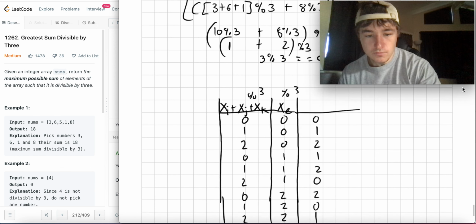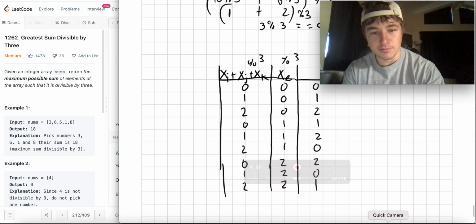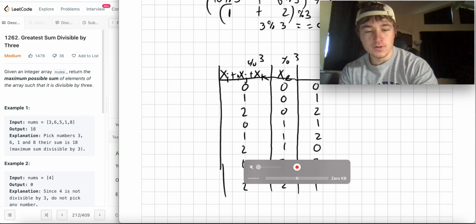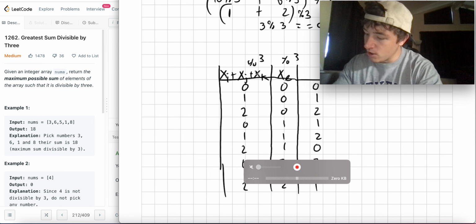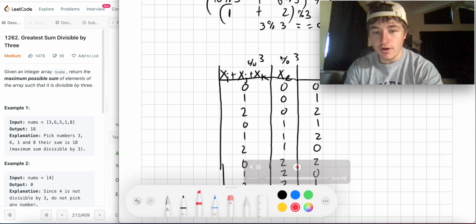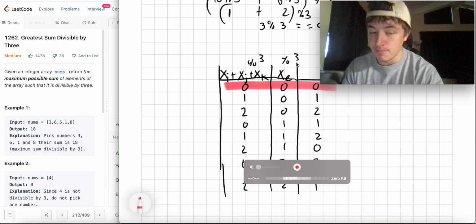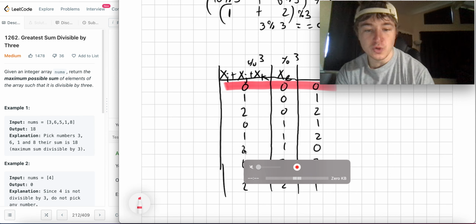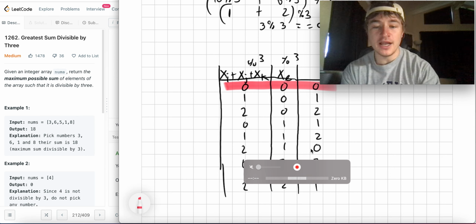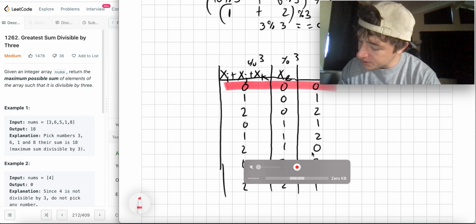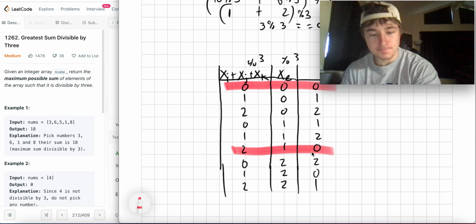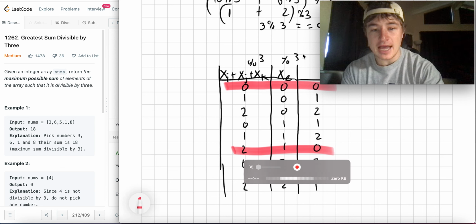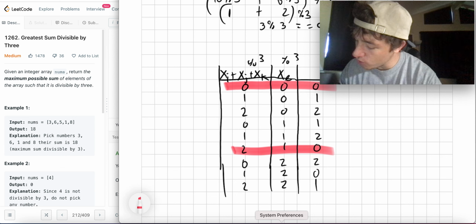If a previous sum mod 3 is 0 and the current number mod 3 equals 0, your whole sum mod 3 is 0. If the previous sum mod 3 is 2 and your newest number is a 1, now you get a new sum where the mod 3 is 0. And if your oldest number mod 3 is 1 and you add a new number whose mod 3 is 2, you get a whole sum of 0.